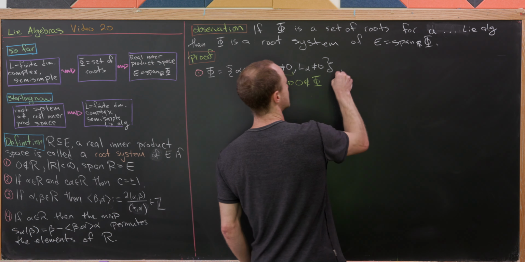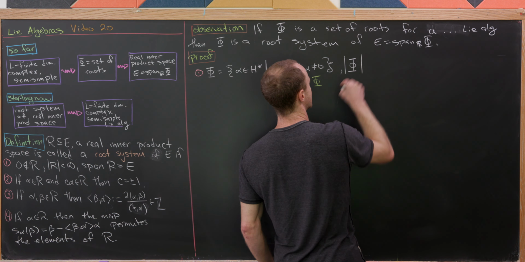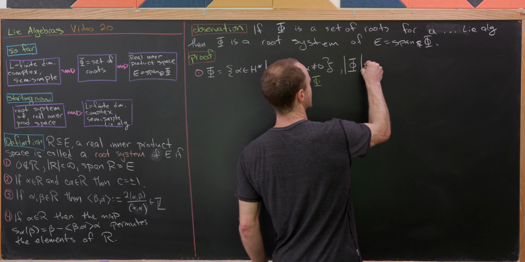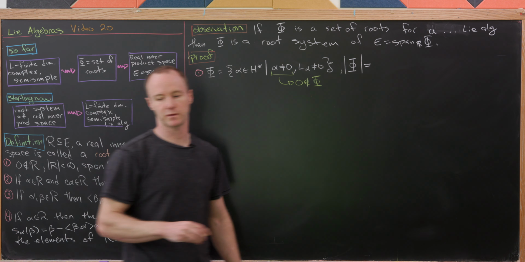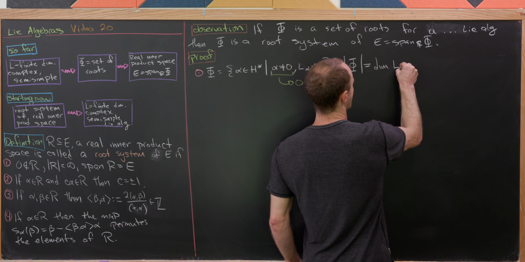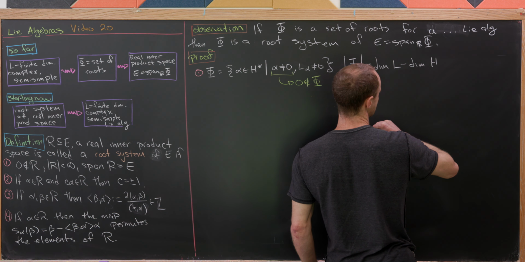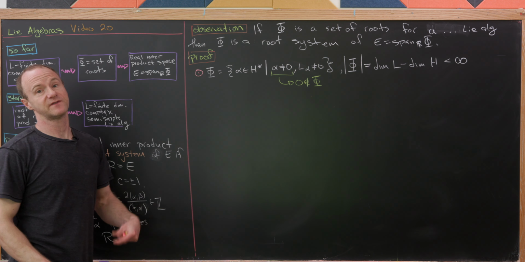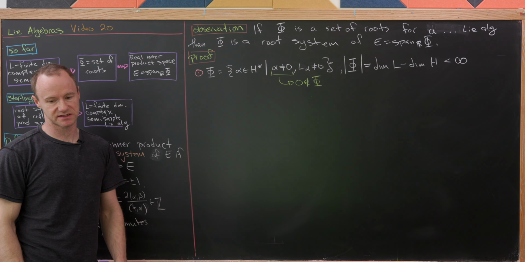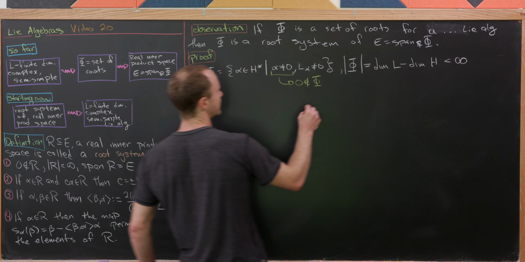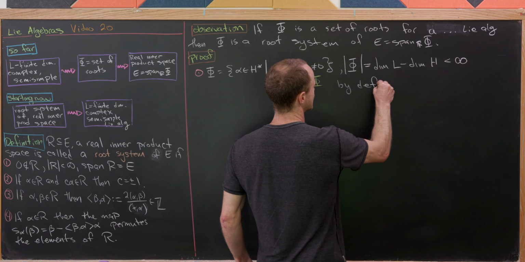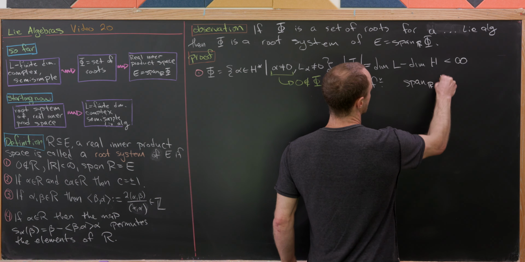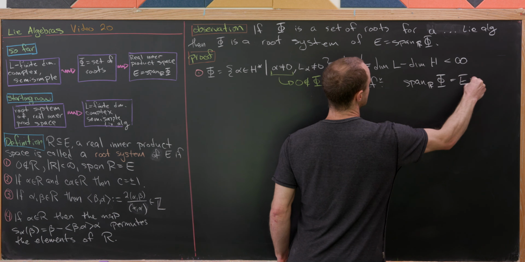Let's also notice that the cardinality of phi, by the root space decomposition of the Lie algebra, is equal to the dimension of L minus the dimension of H. That's clearly finite because L is a finite dimensional Lie algebra and H is a subalgebra. And then furthermore, by definition, the real span of phi is equal to E.